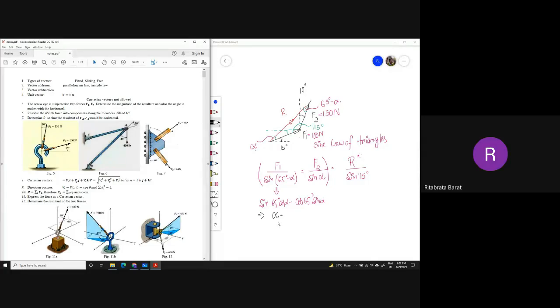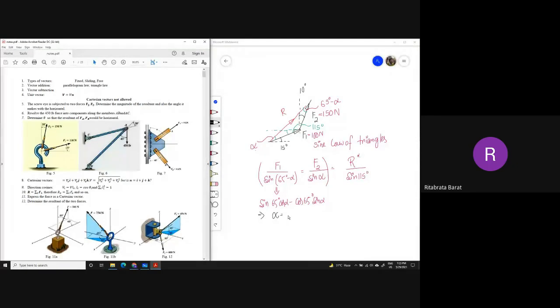Sir, we have got an equation that cot of alpha is equal to 2 by 3 plus cos 65 degrees, into the whole, into sine 65 degrees. Okay, so that should lead you to the value of alpha, right? By that you can find out tan of alpha. And after that we can also find out R from the next equation, which is equal to R by sine 115.